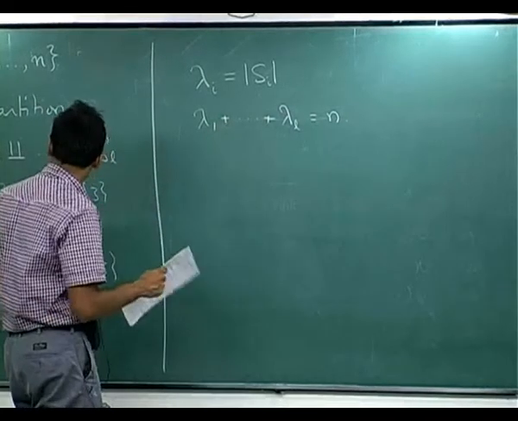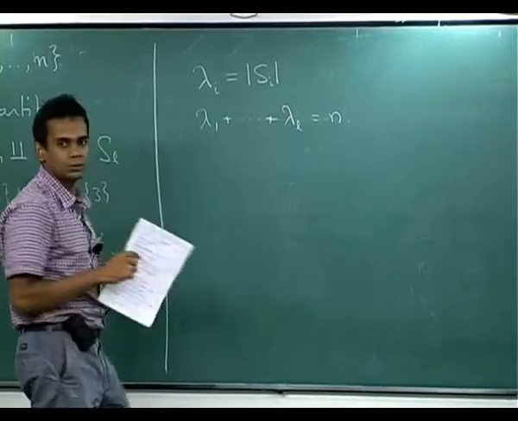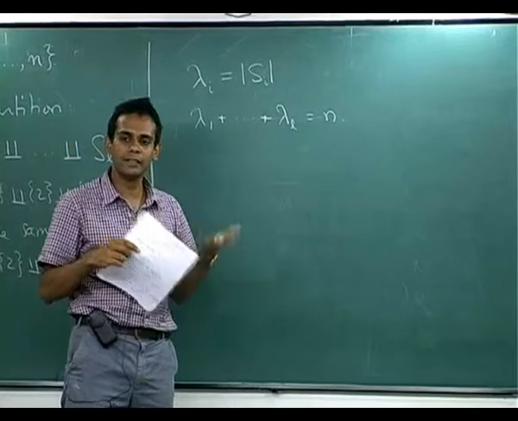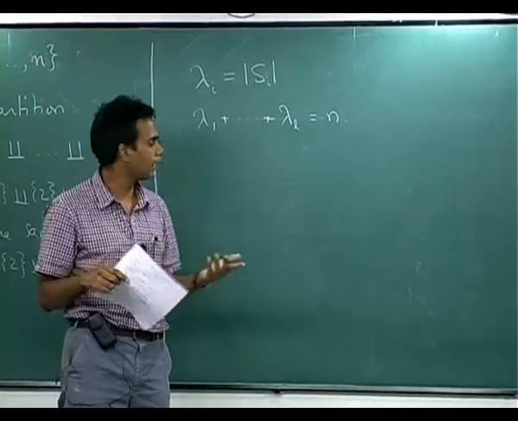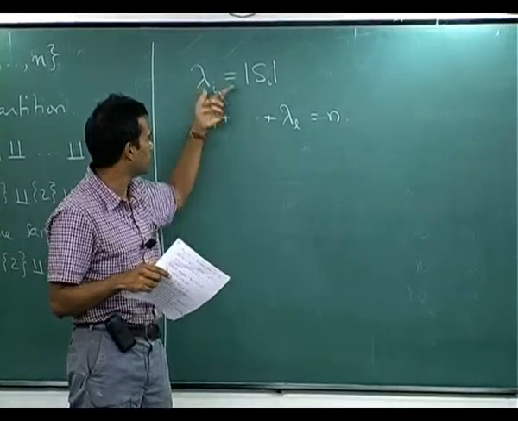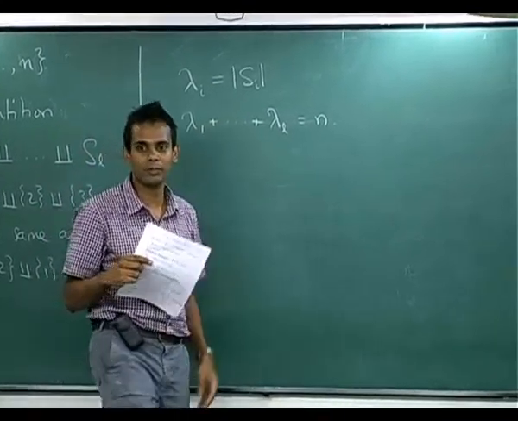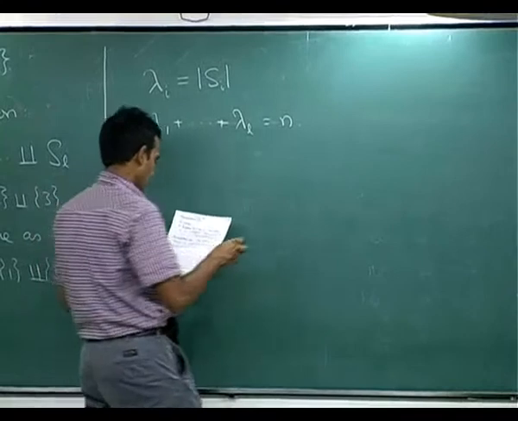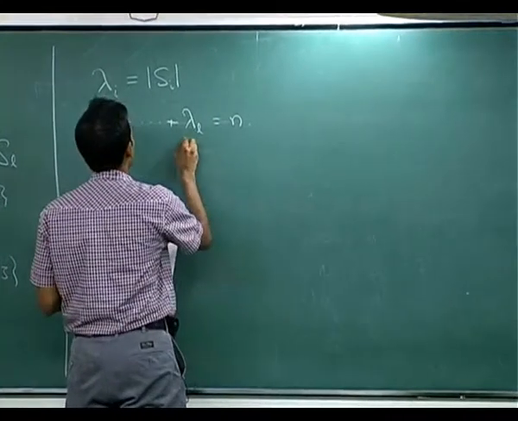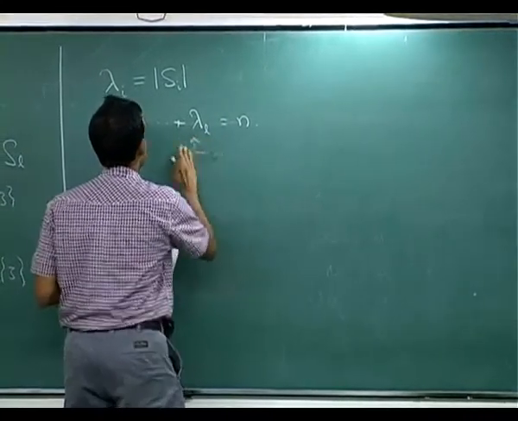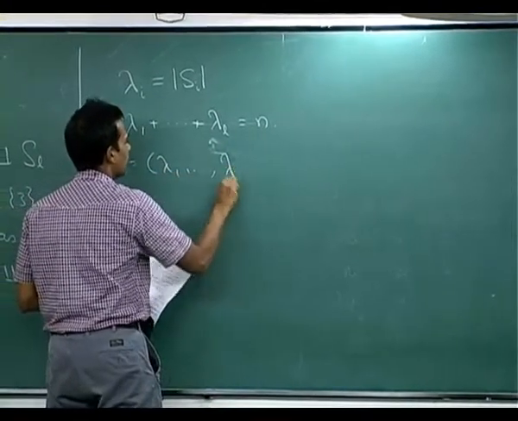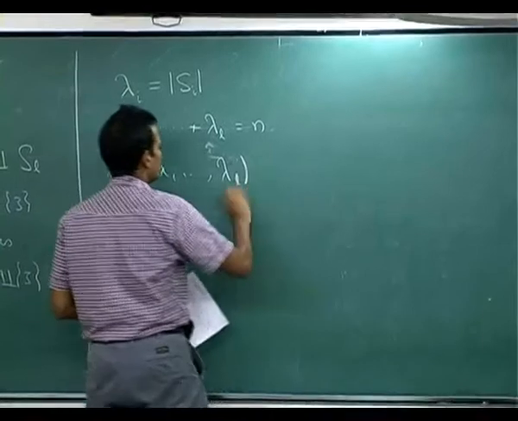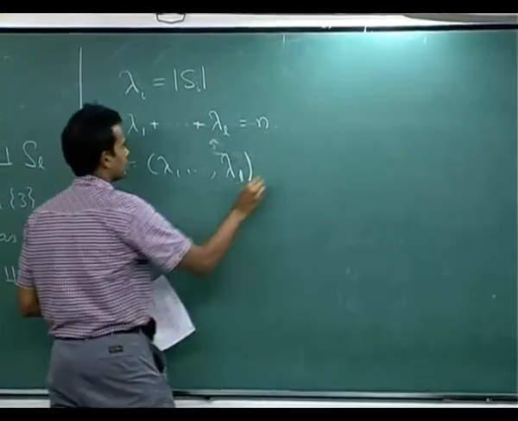For example, if I had {1, 2} disjoint union {3} and {3} disjoint union {1, 2}, these would also be different ordered partitions, and the lambdas associated to them would be different. So lambda equals (lambda_1, ..., lambda_L), which you can think of as an L-tuple, is called the shape of the partition.